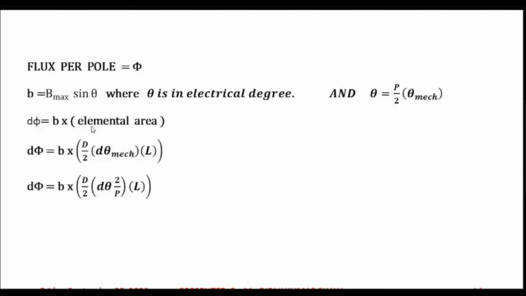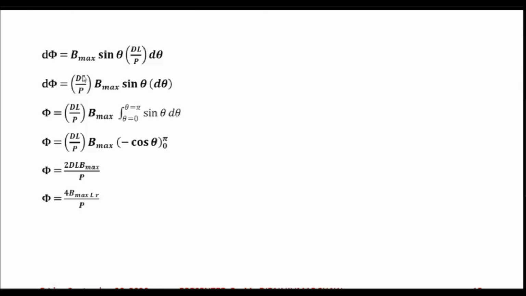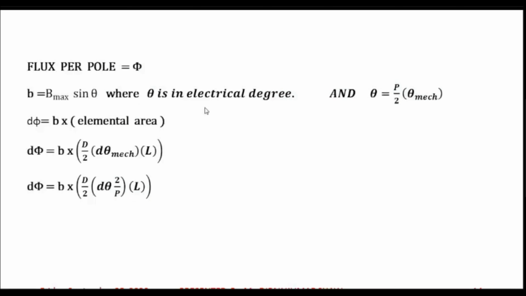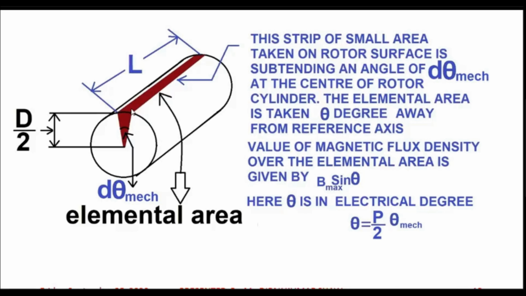So that's why we will integrate this. First we have found the flux which is passing through the infinitesimally small area on the rotor surface, that is our d phi.